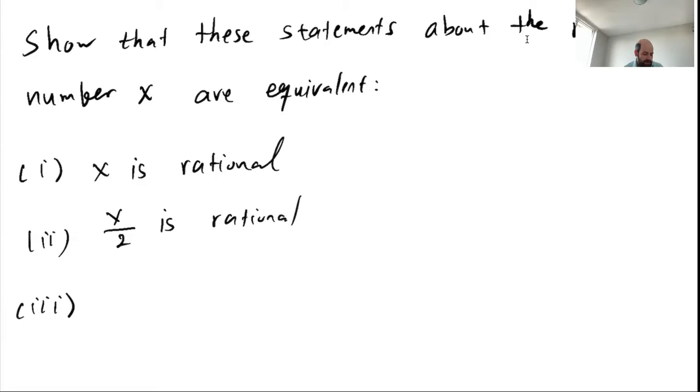So suppose x over 2 is rational. x over 2 is rational means x over 2 is equal to a over b, right? For some integers a and b with b not equal to 0.